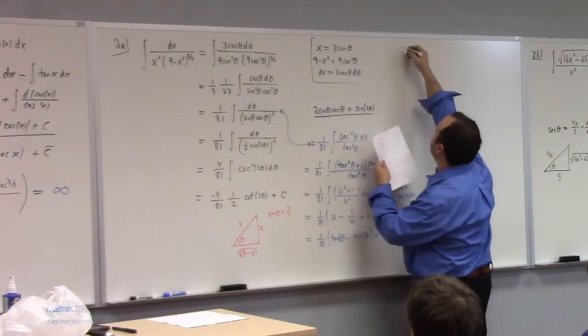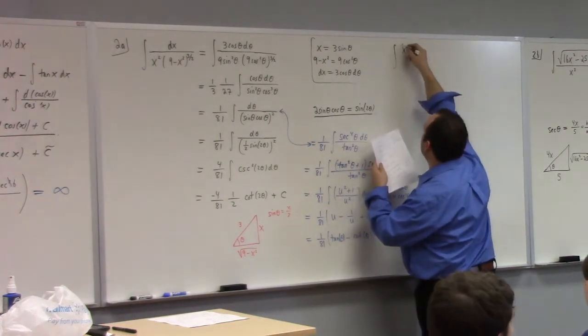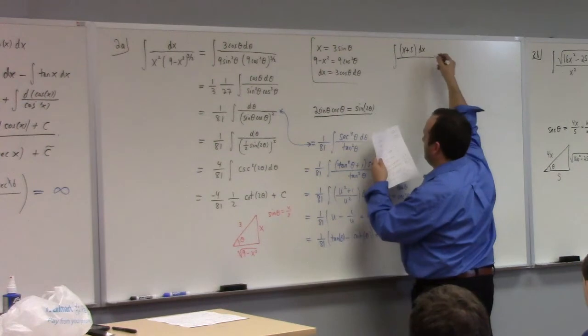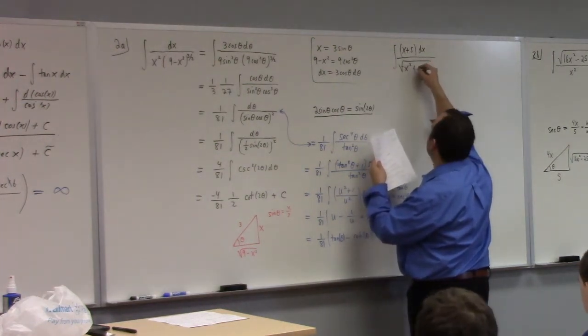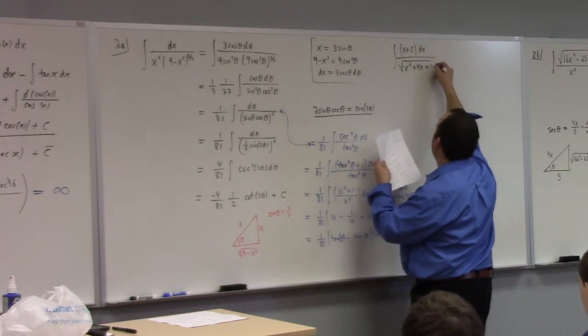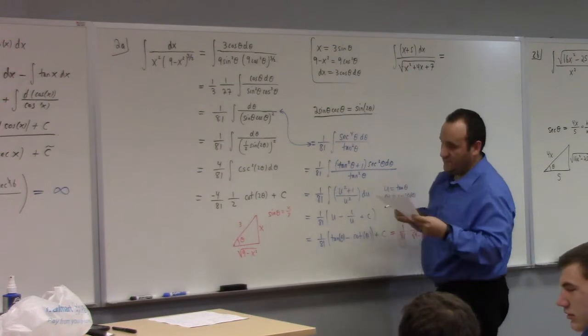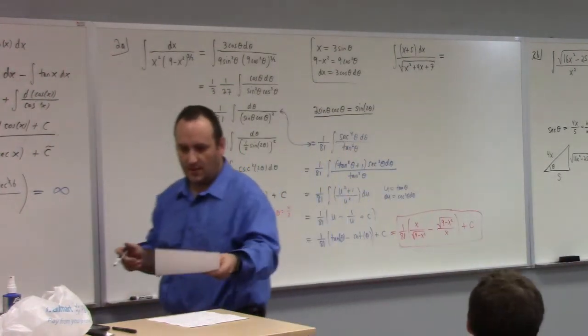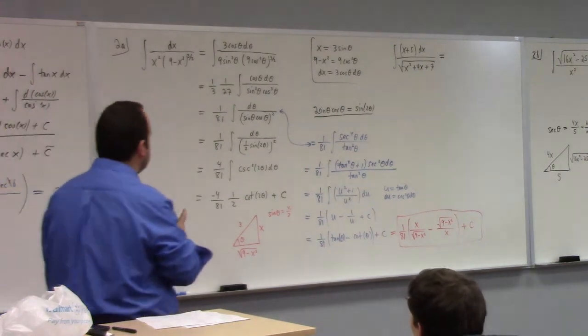But you'll recognize it. Integral of x plus 5 dx over the square root of x squared plus 4x plus 7. How should we do this one? Complete the square and the square root of square.